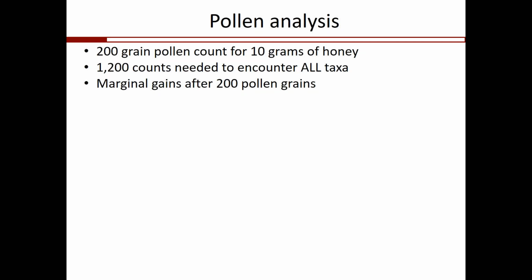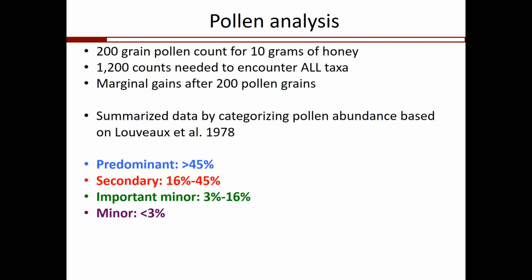But as you go past 200 pollen grains, you really start getting marginal returns after that. So there's a trade-off: the trade-off for encountering more taxa would be to spend a significantly more amount of time.